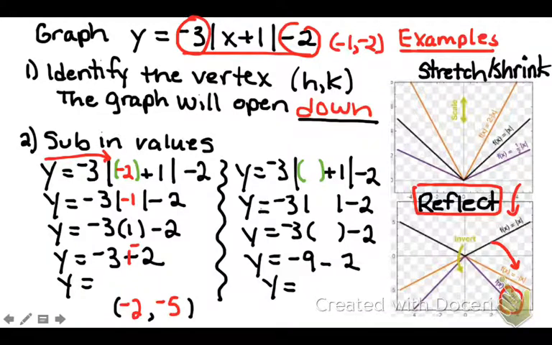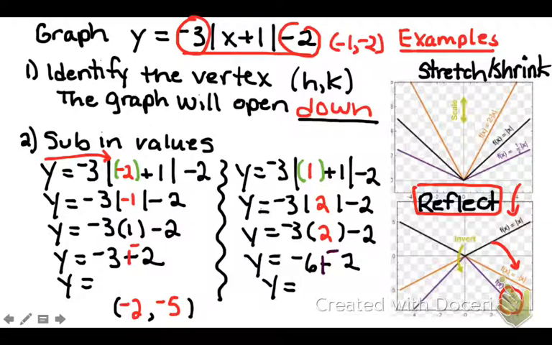Now we're going to choose a second value, and let's try 1. So we end up with 1 plus 1 is 2. The absolute value of 2 is 2. Whoops, this is wrong. So then we have negative 3 times 2 is negative 6, and we're going to again add the opposite.